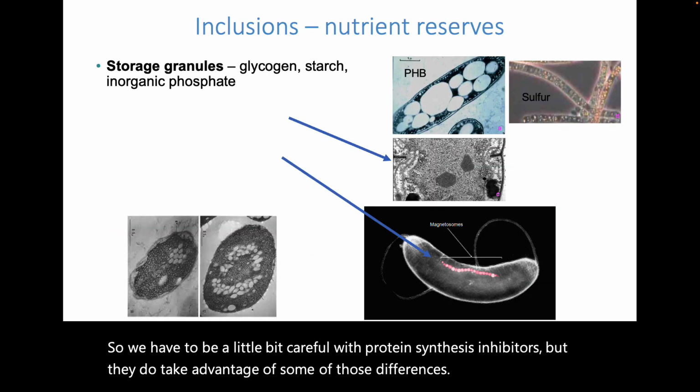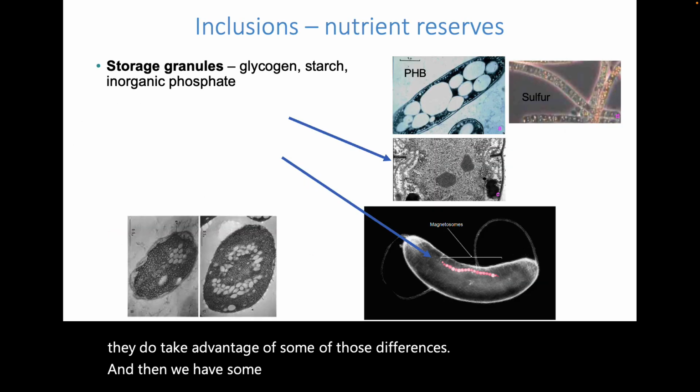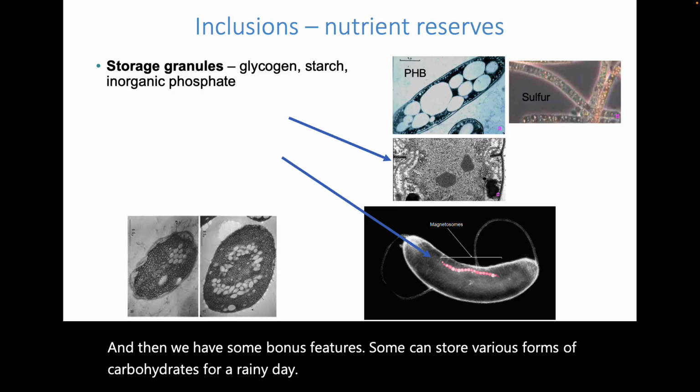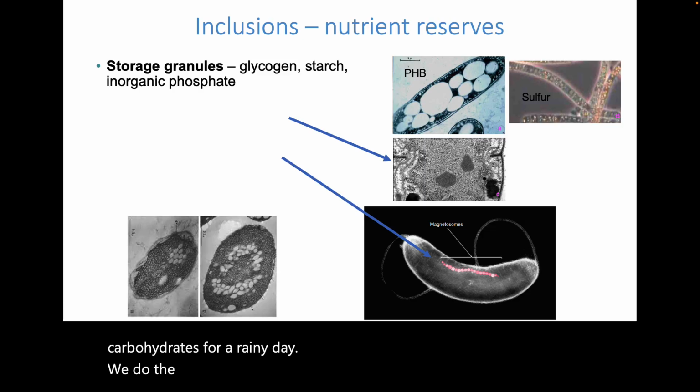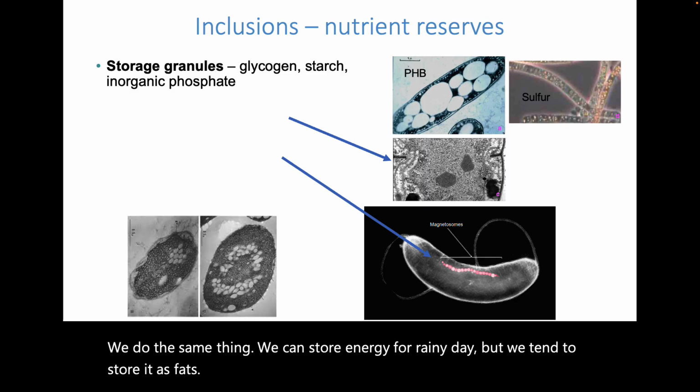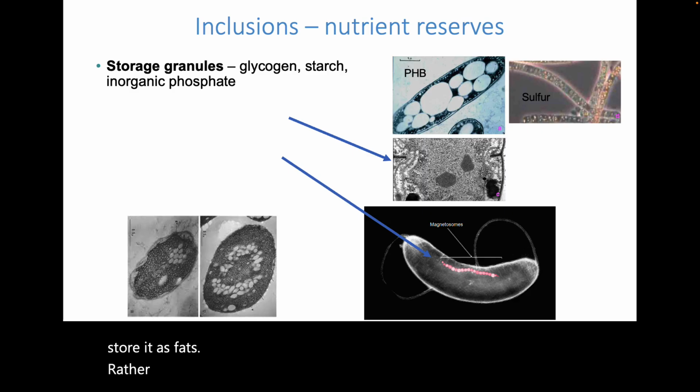And then we have some bonus features. Some can store various forms of carbohydrates for a rainy day. We do the same thing. We can store energy for a rainy day, but we tend to store it as fats rather than as carbohydrate inclusions.